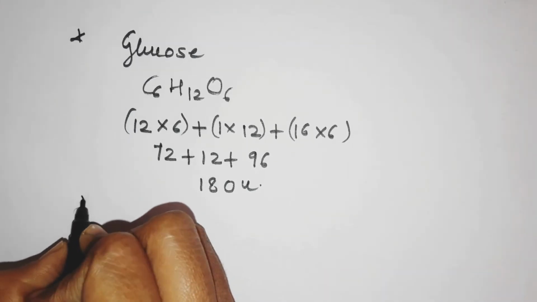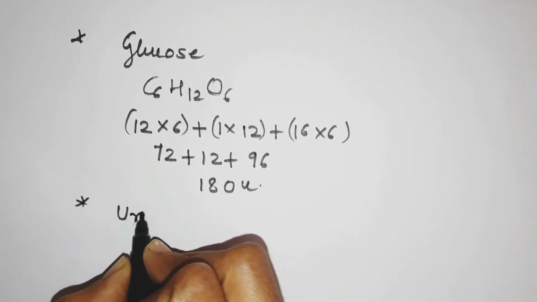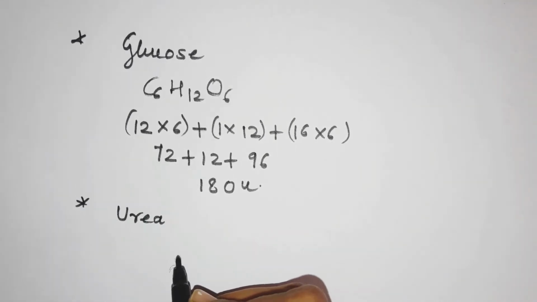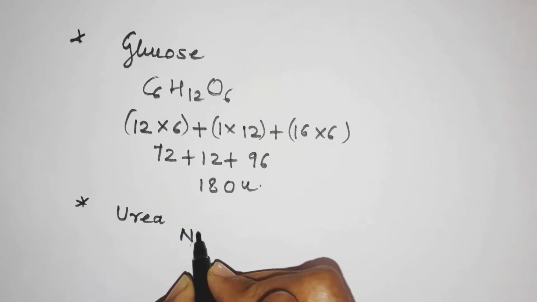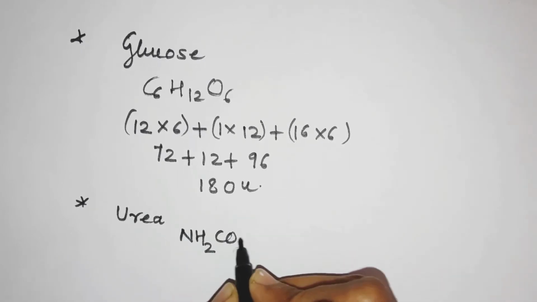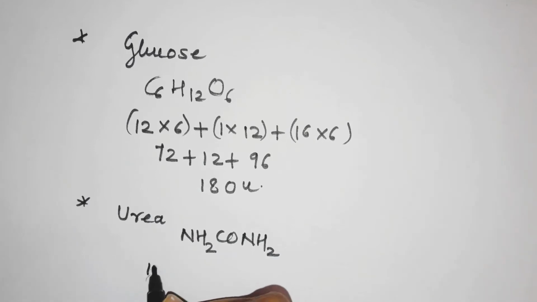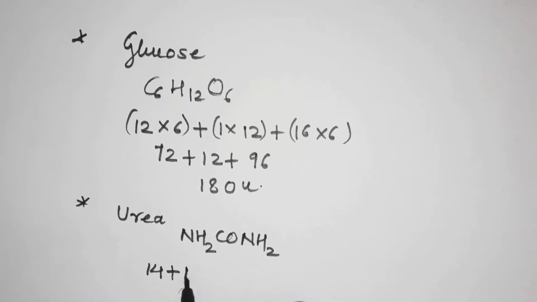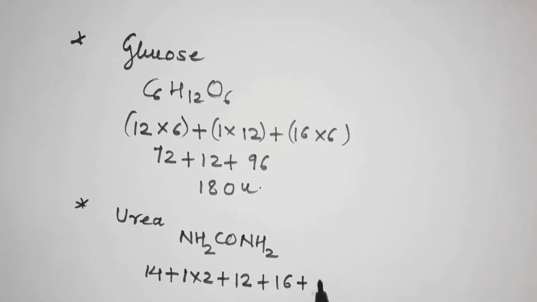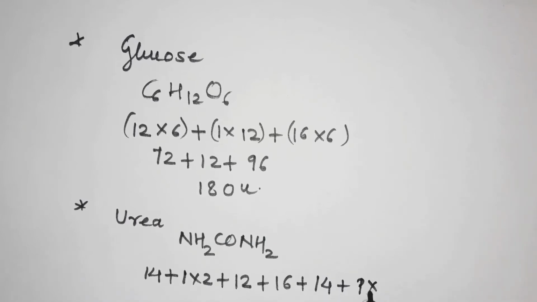Then another common molecule that you know is urea. Urea is used in fertilizers, right? So urea has the formula NH2CONH2. Again nitrogen atomic mass 14, hydrogen 1 into 2, plus carbon is 12, oxygen 16, plus again nitrogen 14, plus 1 into 2.